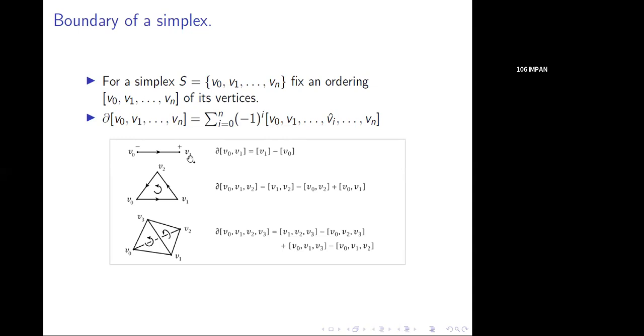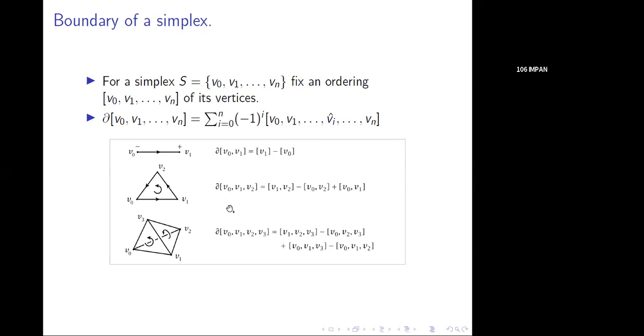For instance, if I have an edge from V0 to V1, then according to this formula, I should first of all take out V0, and that will be with coefficient 1, and here it is. And then I'm taking out V1, and -1 to the power 1 is -1, and therefore I have V0, which is just that simplex. We've taken away V1 with coefficient -1.